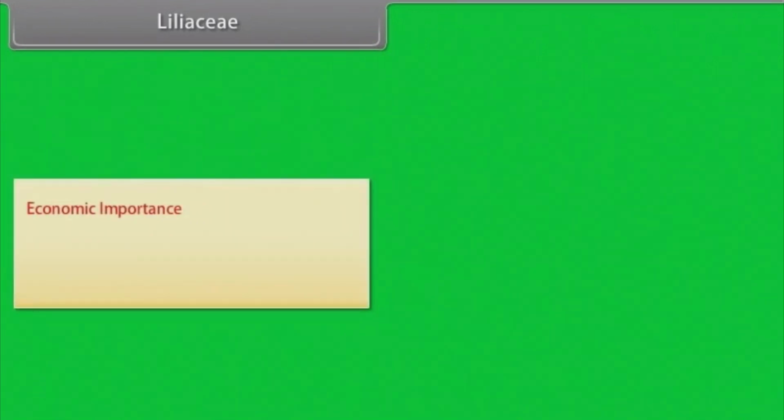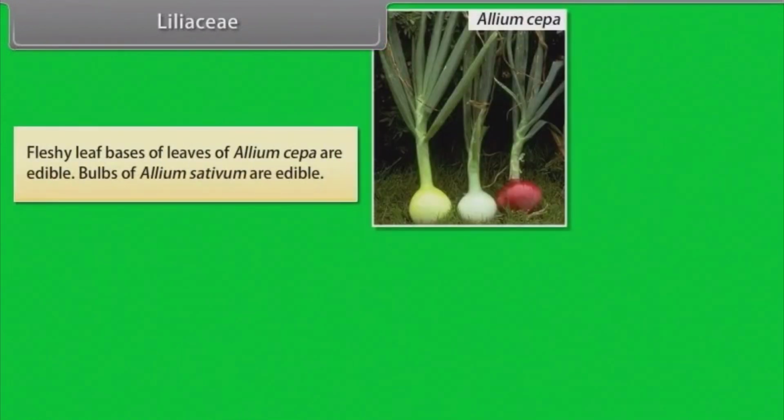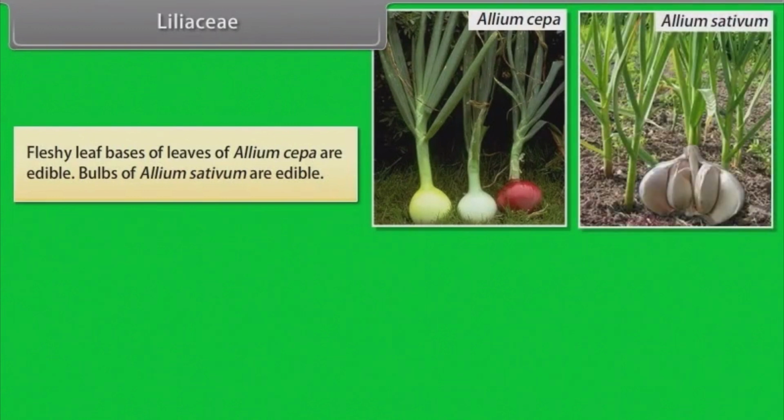Economic importance. Many plants belonging to this family are good ornamentals, for example, Tulipa, Gloriosa, Lilium, Aloe, Ruscus, Asparagus, Yucca, Dracaena, etc. Fleshy leaf bases of Allium cepa are edible. Bulbs of Allium sativum are edible.